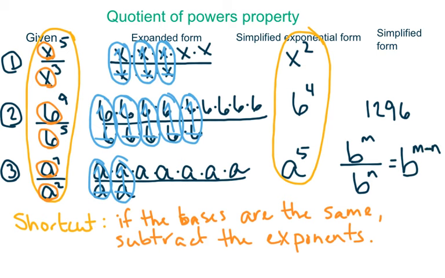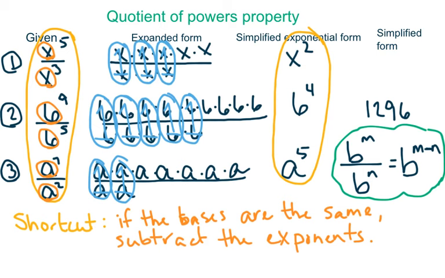That's the subtraction. So b to the m over b to the n is going to equal b to the m minus n power. This is the property that you need to know, so make sure that you mark it well in your notebook, and we will be doing some practice problems with this tomorrow.